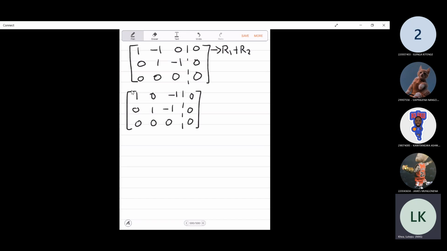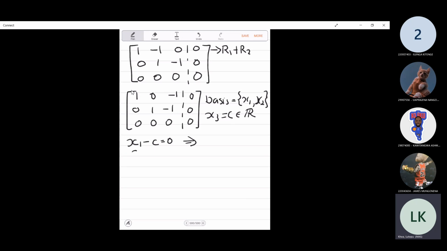Okay, so our bases x1, x2, then we let x3 equal to c. So here we have x1 minus c is 0.